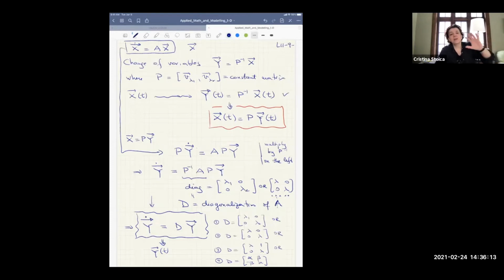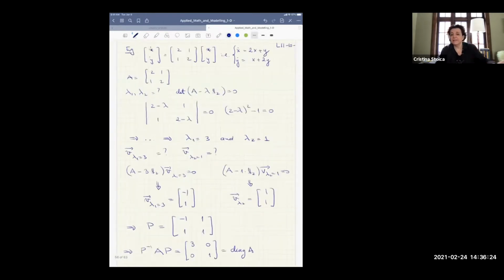In this way, long story short, like last time, we managed to write the system in diagonal form. And once we write it in diagonal form, we can actually solve it and see what the solutions look like. So this is the example from last time. We had the system in X and Y, a linear 2x2 system.